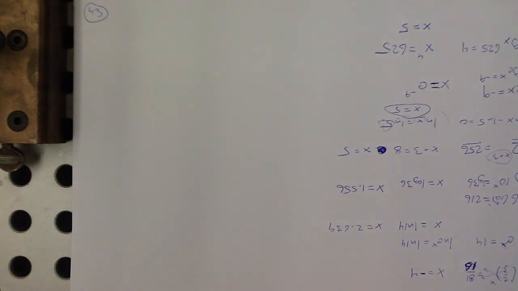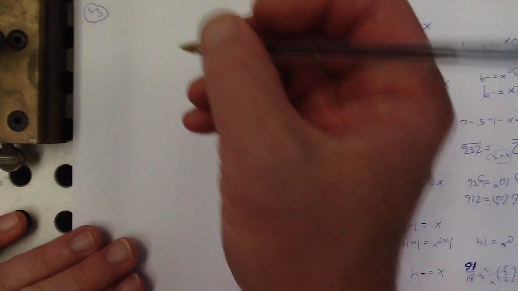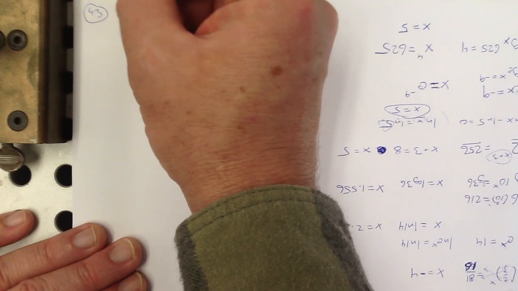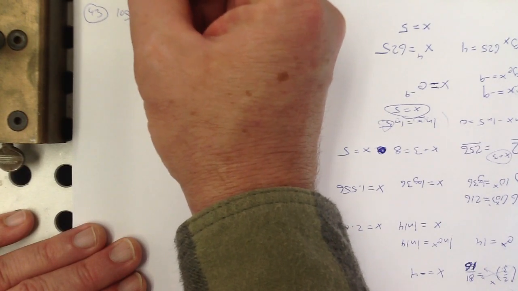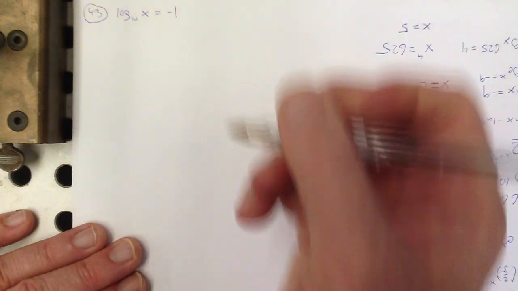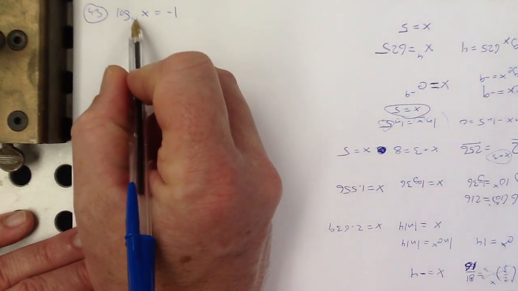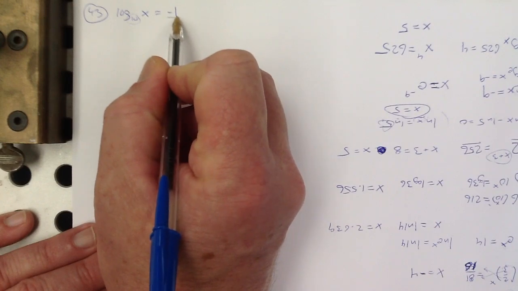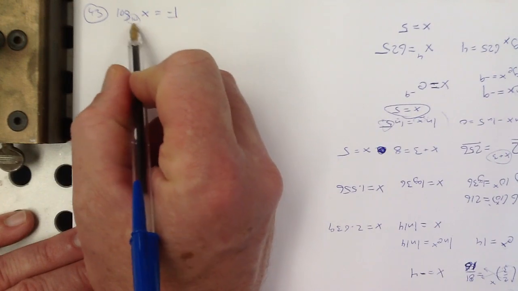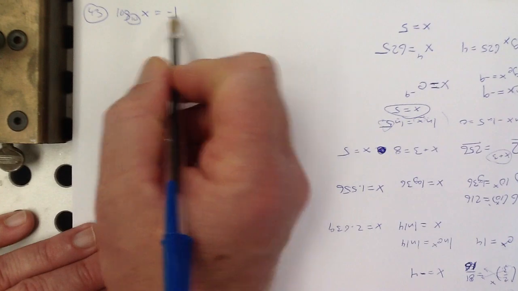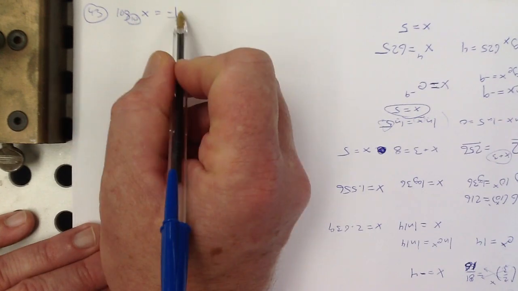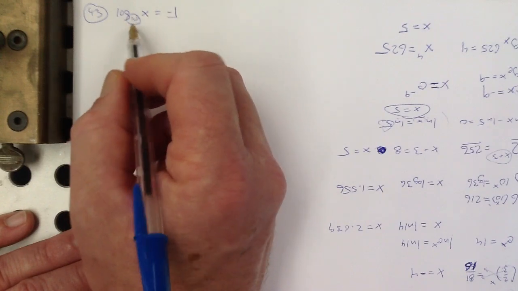Number 43. Log base 10 of x is equal to -1. What do you have to raise 10 to get negative 1? What power do you have to raise 10? Oh, no, sorry. So sorry, rewrite of this in exponential form.